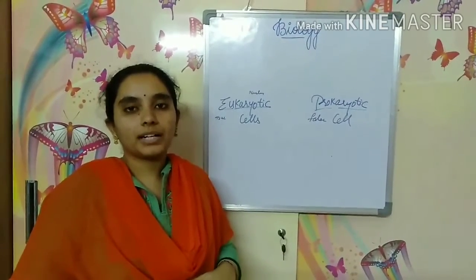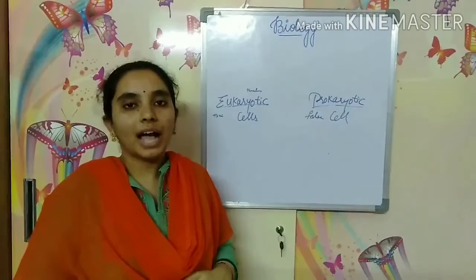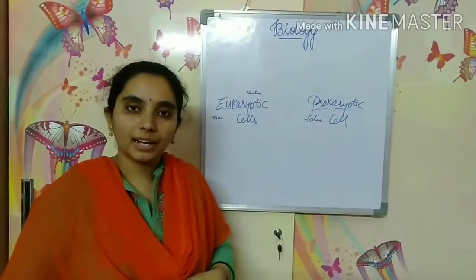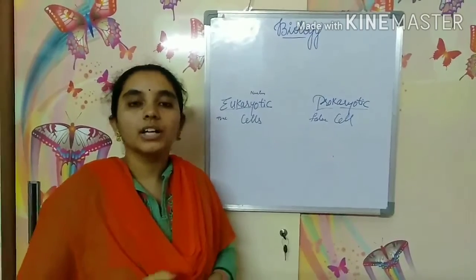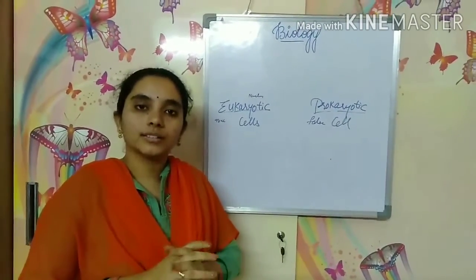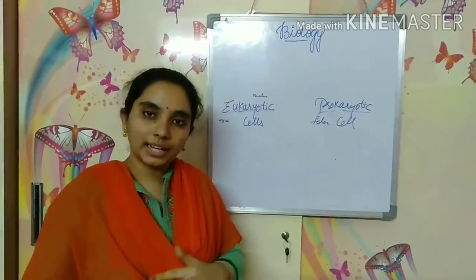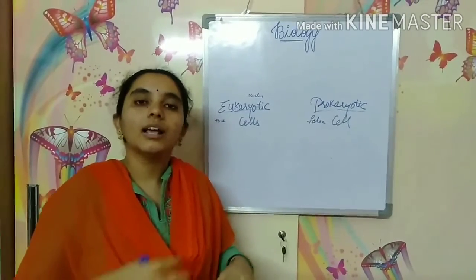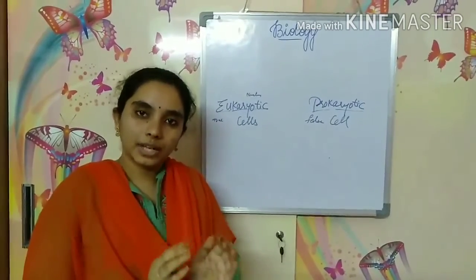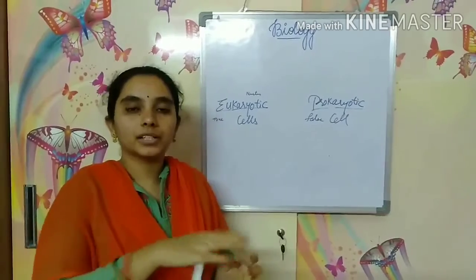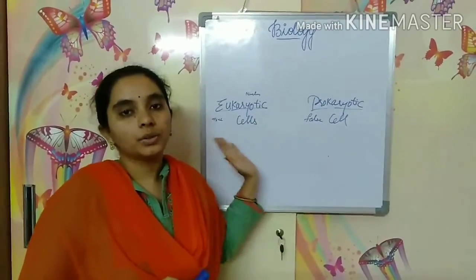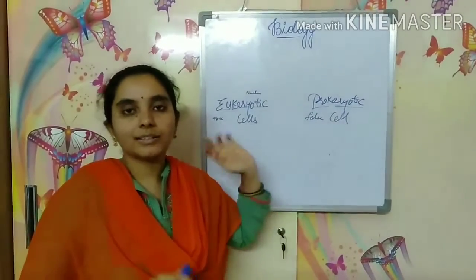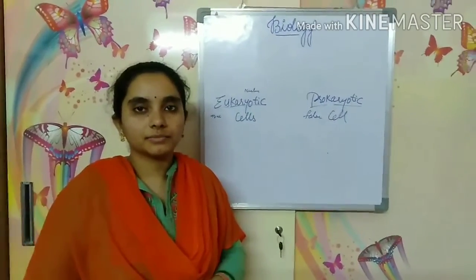For example, some bacteria or some algae, like blue-green algae. These are called prokaryotic cells, which don't have a nucleus, and the genetic material is not in a nuclear membrane but is distributed in the cytoplasm. So that is about eukaryotic and prokaryotic cells and the nucleus.